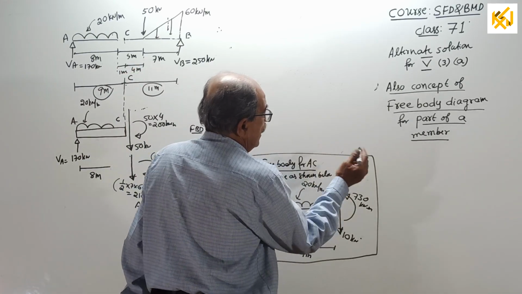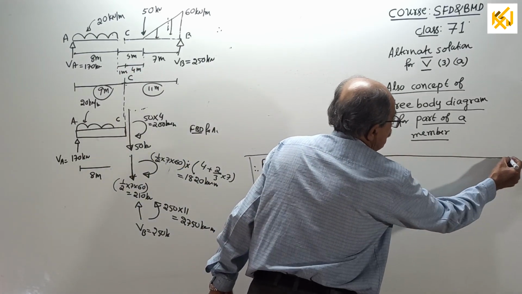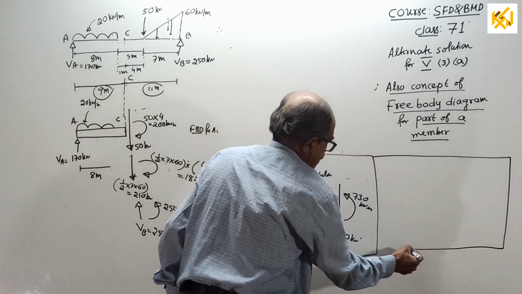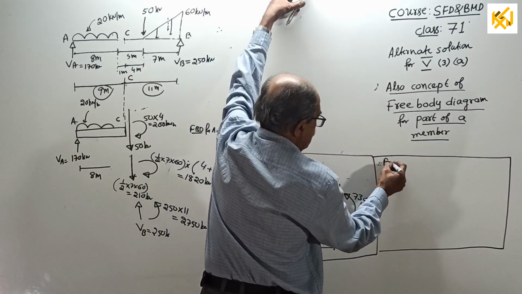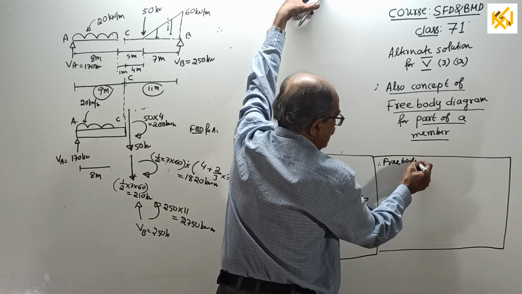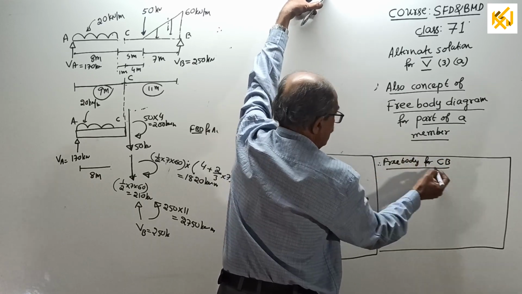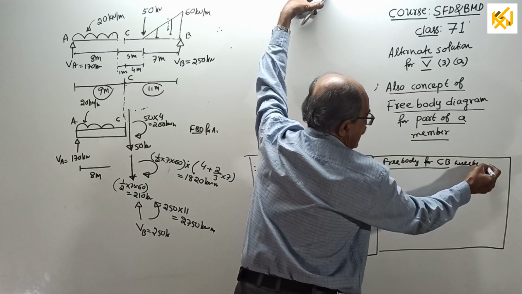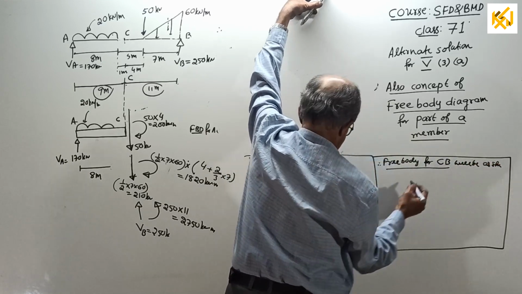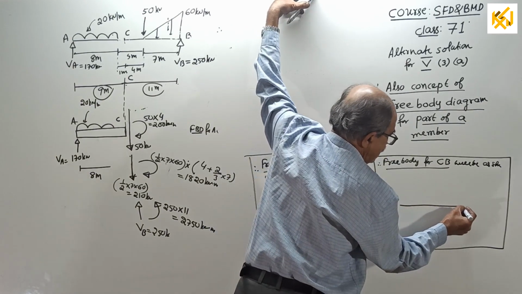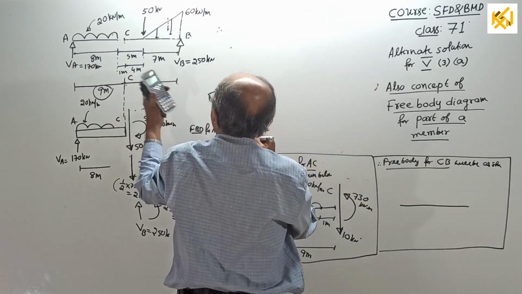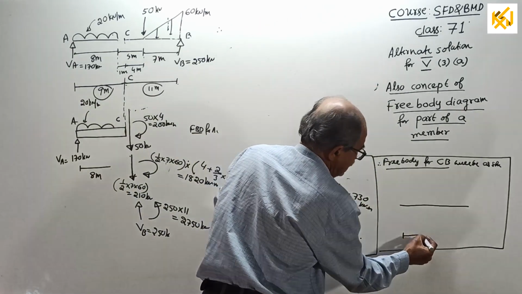Okay, now I will write this side now. Therefore, free body for that portion, CB portion, right side, will be as shown. See, CB portion, if I write free body, total length is 11 meter.